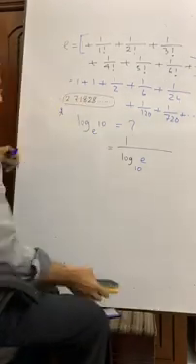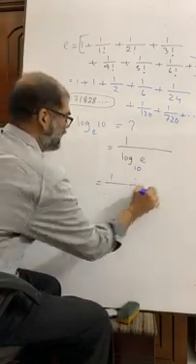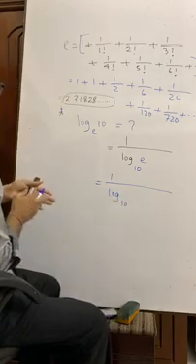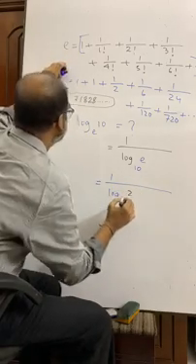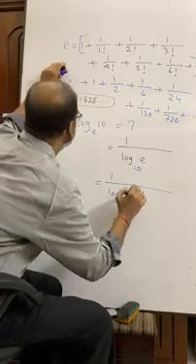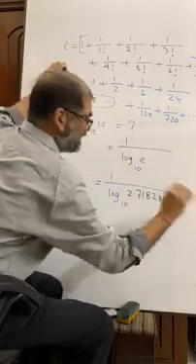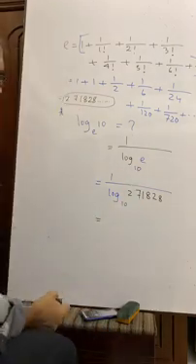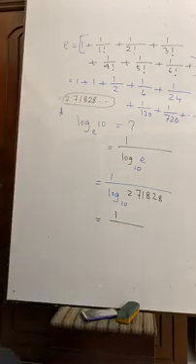Now you see, it is equal to 1 by log, this is log 10. Now what is the value of E? The value of E is 2.71828 approximately. Now you use the calculator, you will get the value like this. 1 by, use the calculator, log 2.71828.